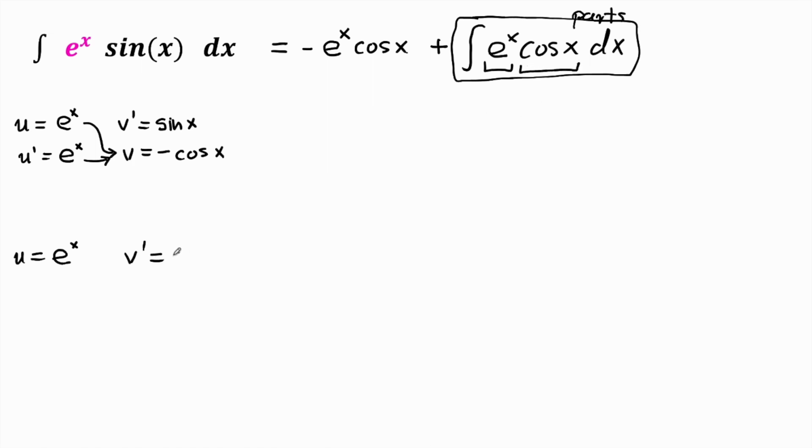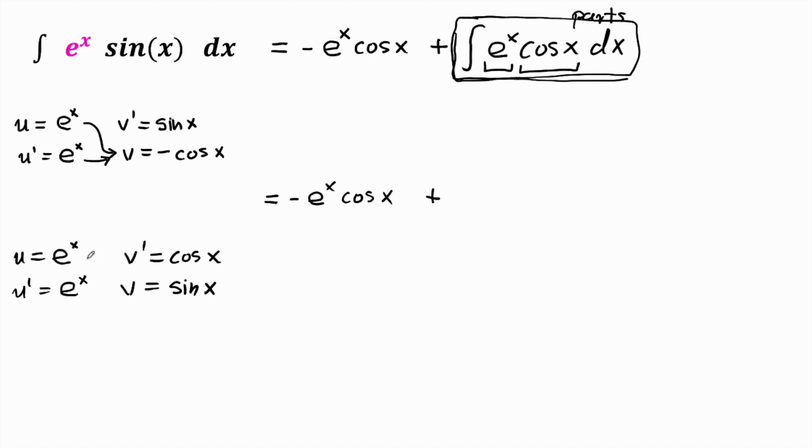So v prime is going to be cosine x, then u prime is the same function, and the antiderivative of cosine is the function sine x. So we'll have that this is equal to negative the exponential function e to the x times cosine, and then plus, well, this integral, which we'll be integrating by parts.